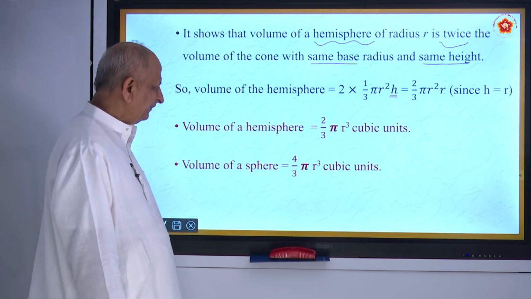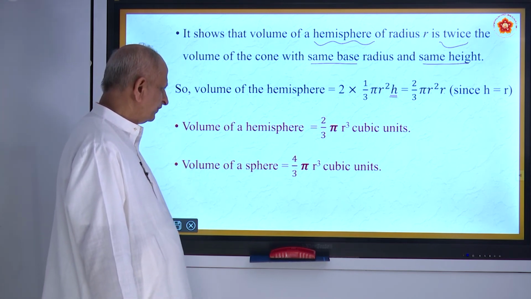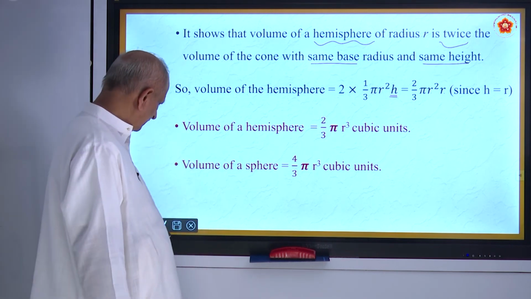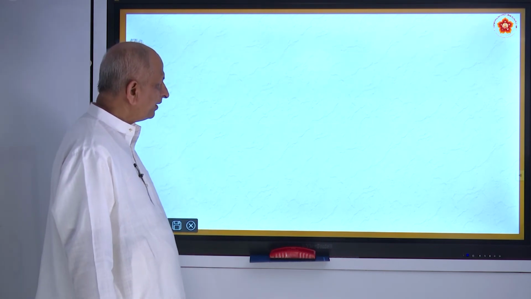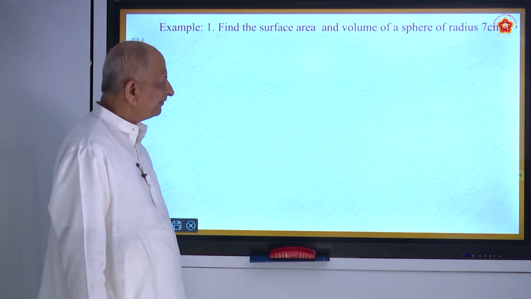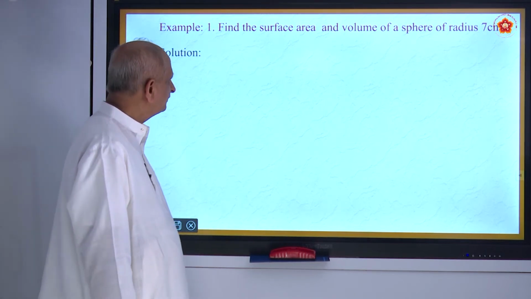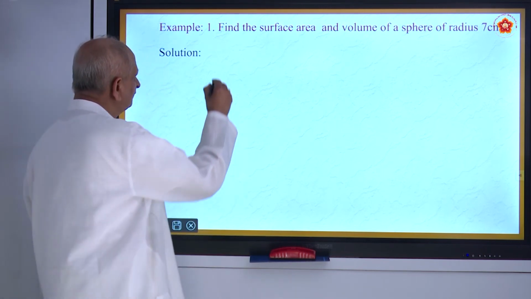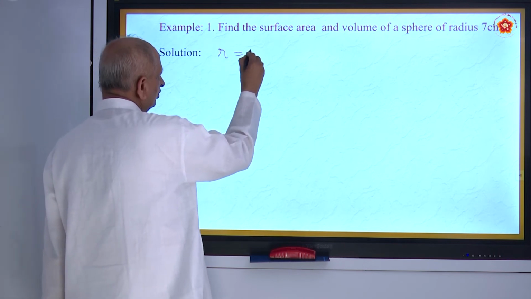Okay, at least 10 times you must say it. Don't forget. So these are the formulas. Using these formulas, let us work out some problems. Find the surface area and volume of a sphere of radius 7 centimeters. So the radius is given to be 7 centimeters, so r is equal to 7 centimeter.